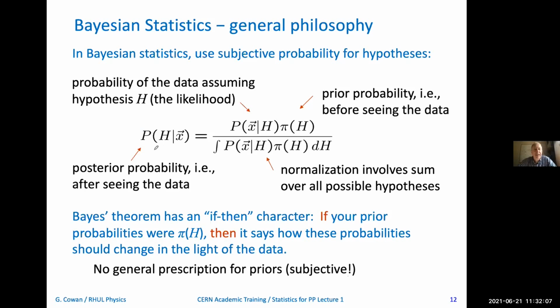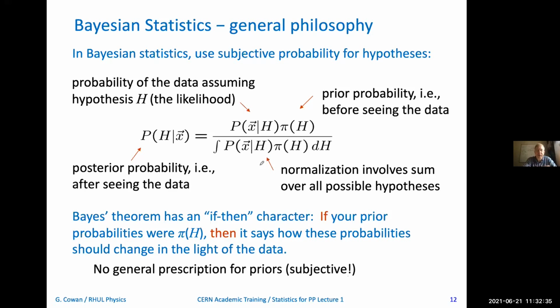And so how do we get that? Of course, we use Bayes' theorem, hence the name Bayesian statistics. And so Bayes' theorem says that P of H given X is equal to P of X given H times the probability of H, which I've written here with a different letter, pi of H, divided by P of X. And here in the denominator, I have replaced P of X by the law of total probability.